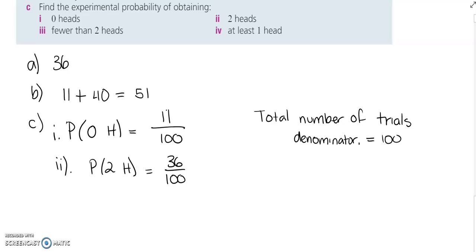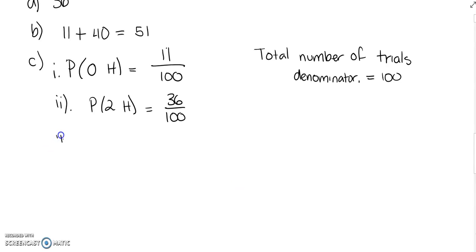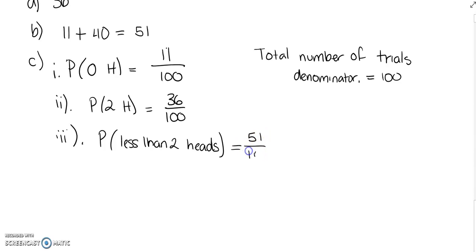And now I can do the same thing for fewer than 2 heads. So I'm going to write probability of less than 2 heads is going to equal, and we've already worked this out, 51 over 100.